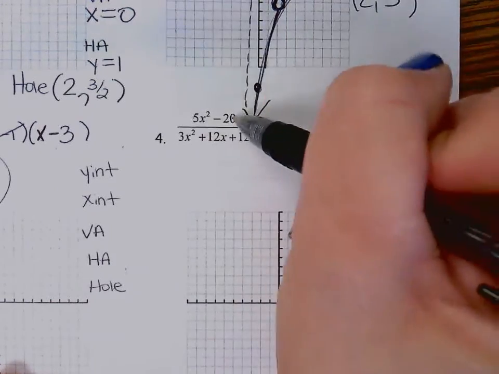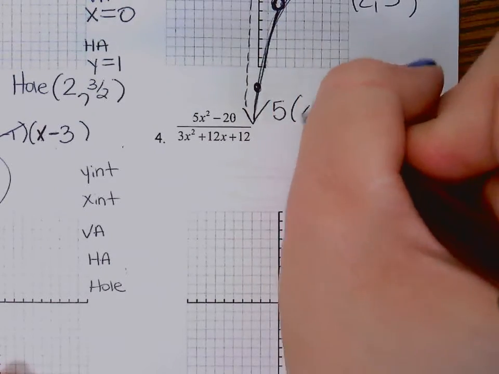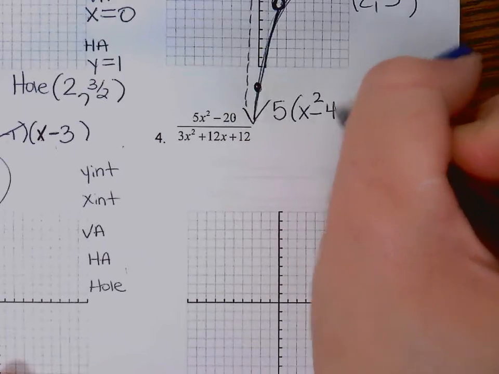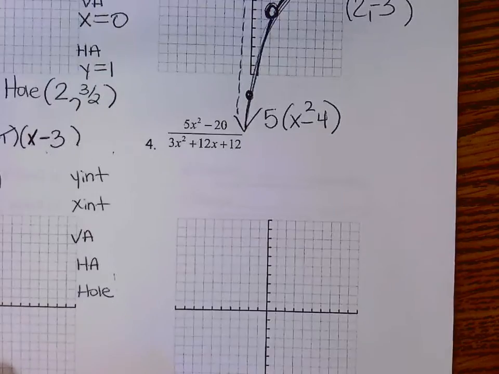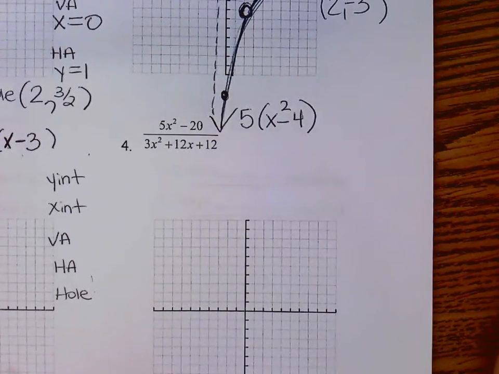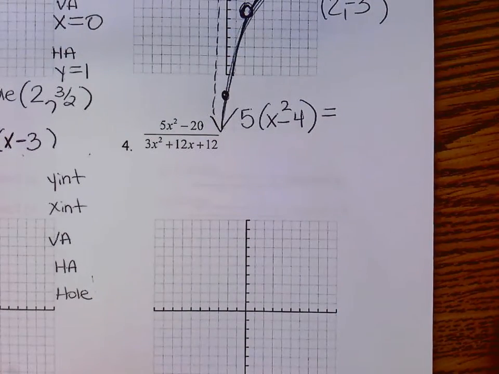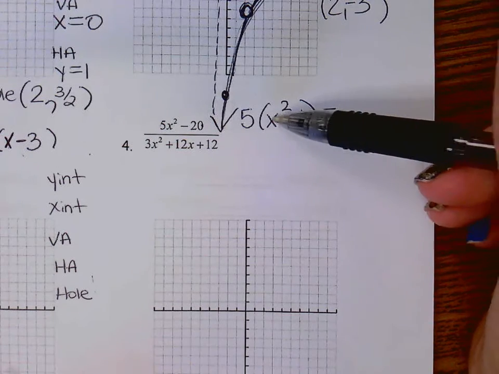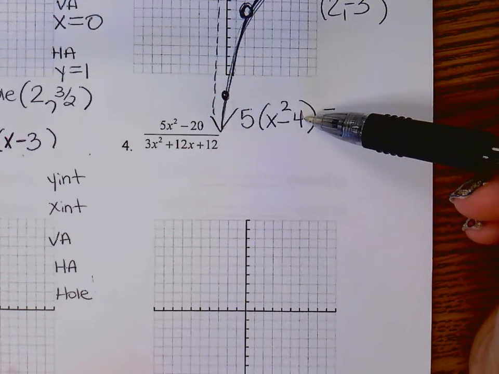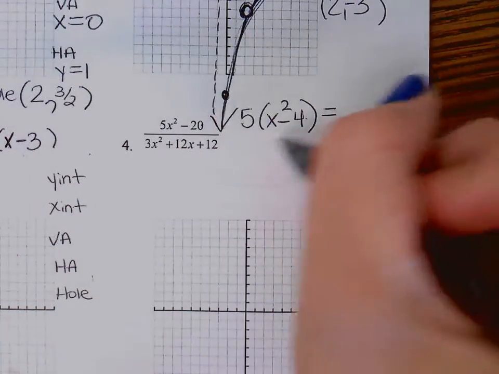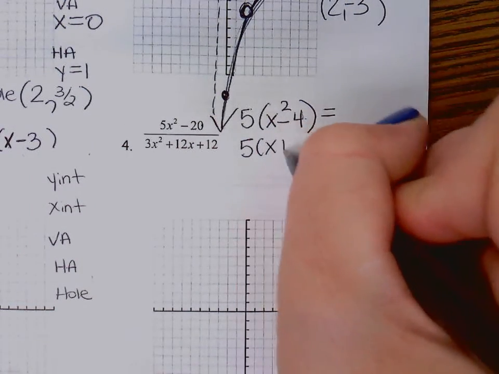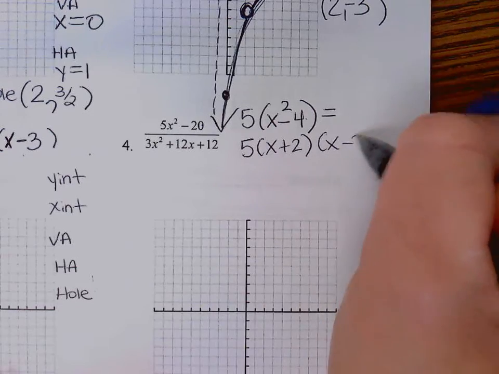Divide by 5, and I would have x squared minus 4 left, but that's not fully factored. What's my next step to get it fully factored? Careful, it's x squared minus 4. Did you say 1 or 2? So it should be 5 times x plus 2 times x minus 2.